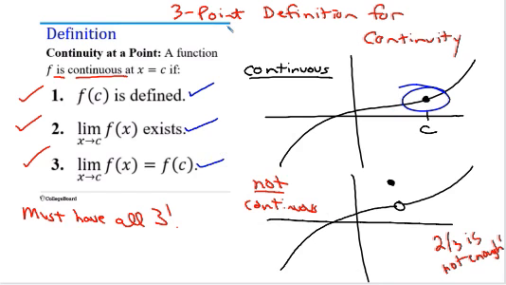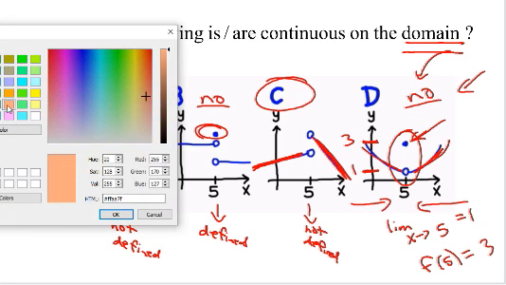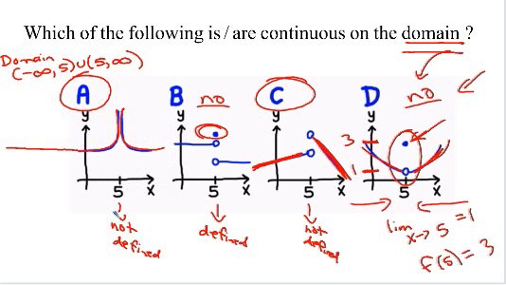Now, one thing we should probably go back and clarify is from this last question. This question was asking something different than what we just talked about. It was asking which functions are continuous on their domain.